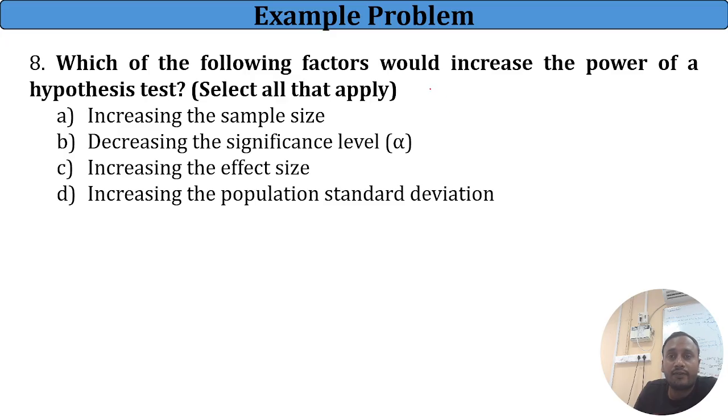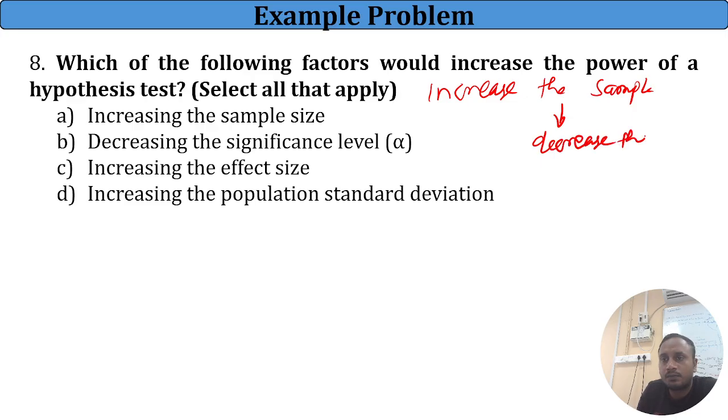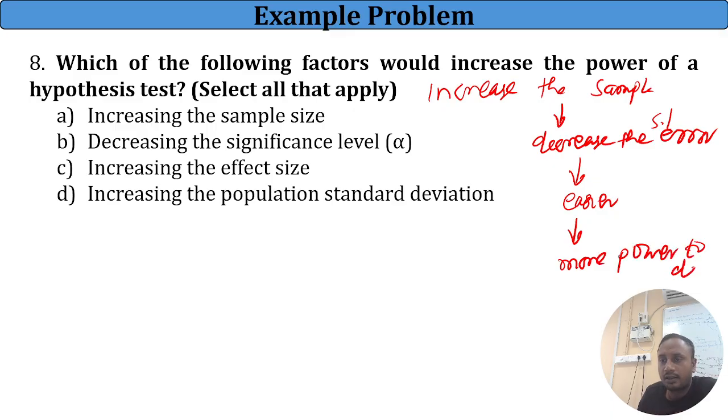We all know that when we increase the sample size, it's going to decrease the error. Then the sampling distribution will become narrower, so it is easier to detect, and we get more power to detect. So power will increase. The first option, decreasing the significance level: how come?